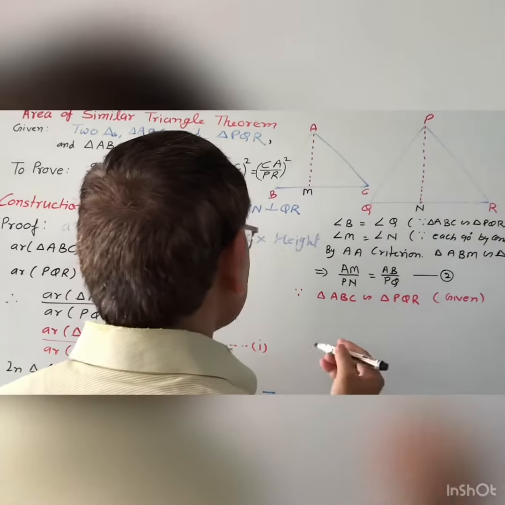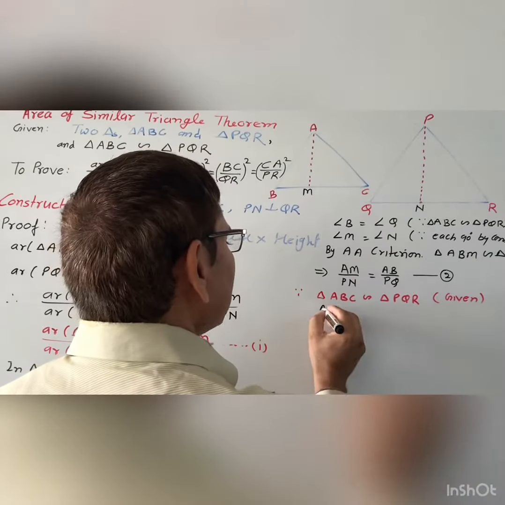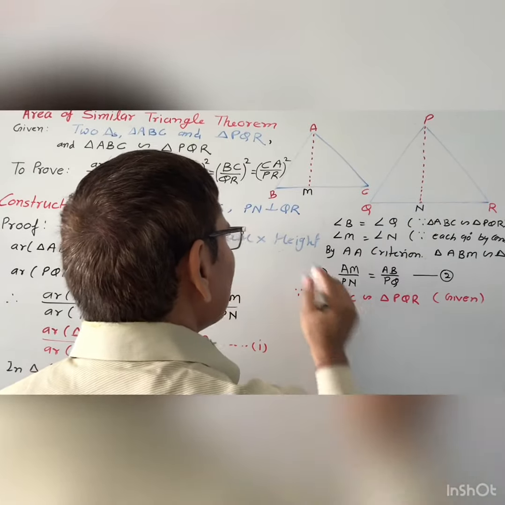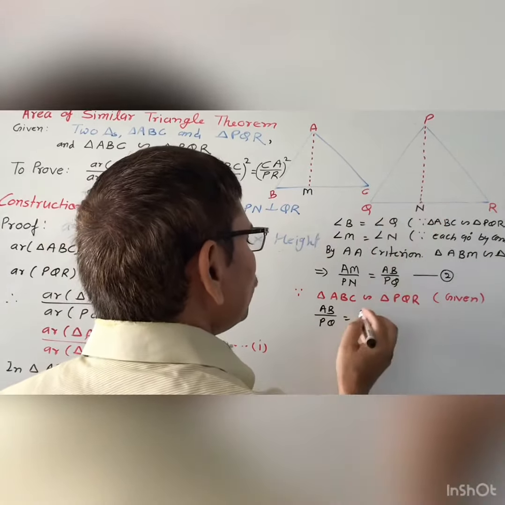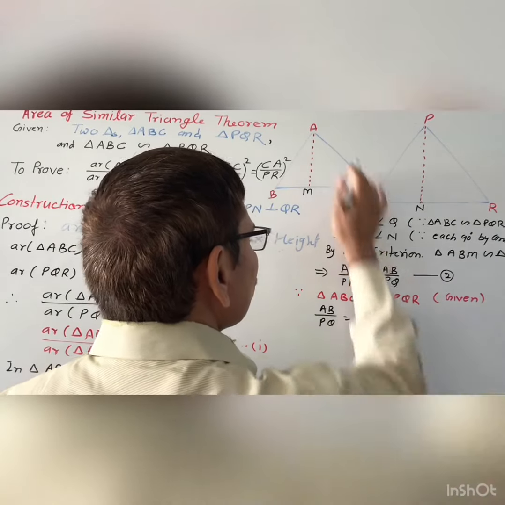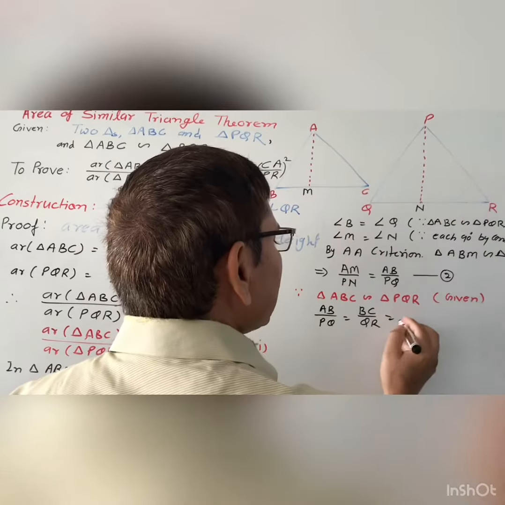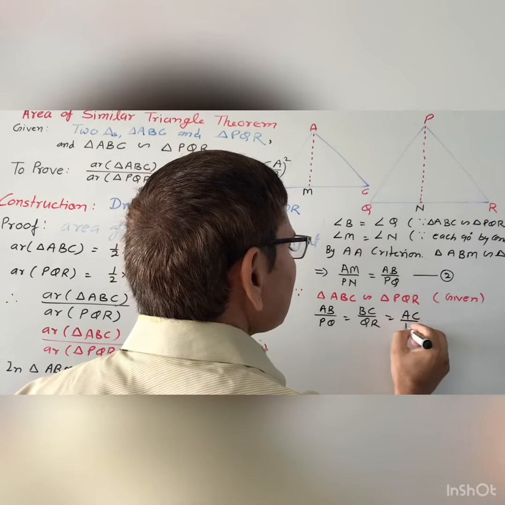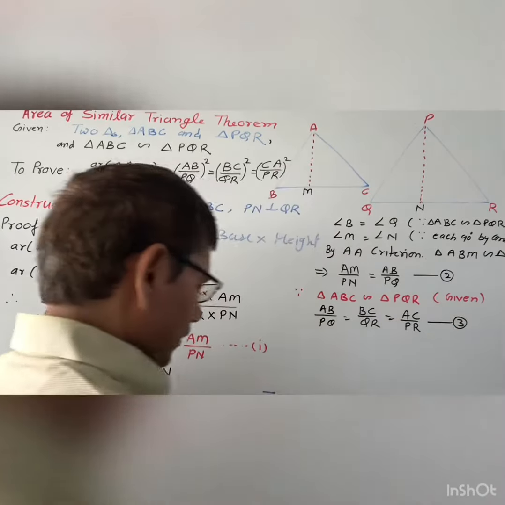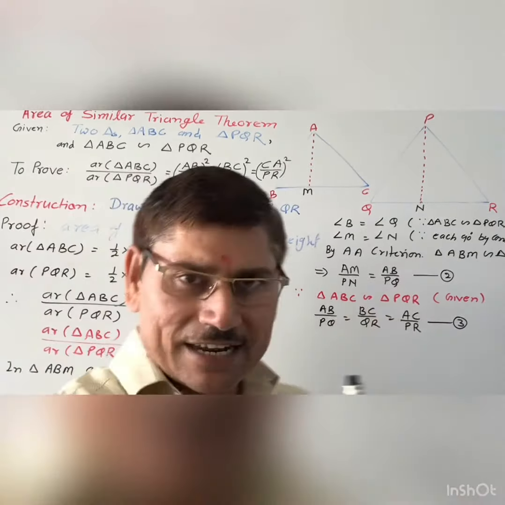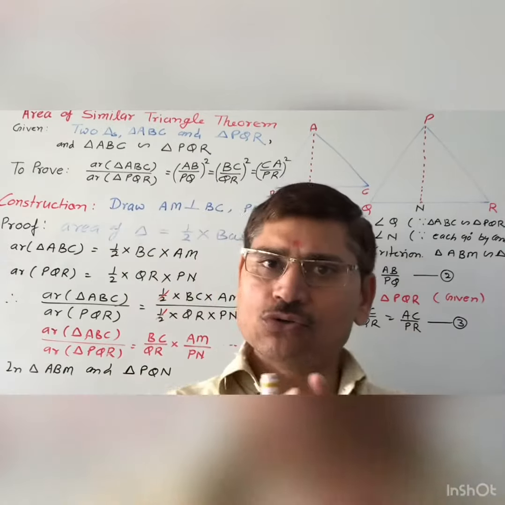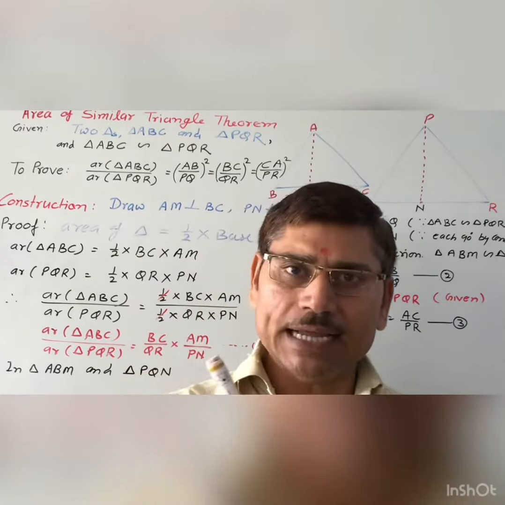Means you can write it as AB upon PQ equal to BC upon QR equal to AC upon PR. This is equation number 3. Using equation number 2 and 3, what do you get?